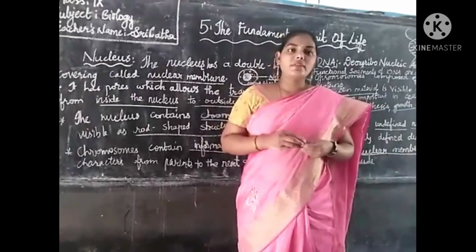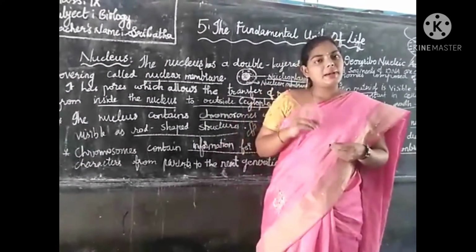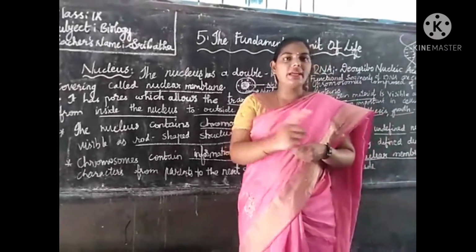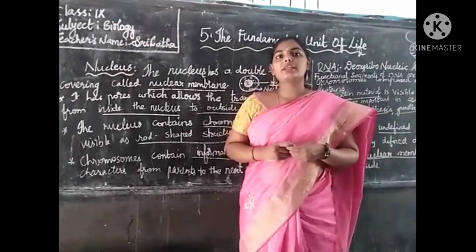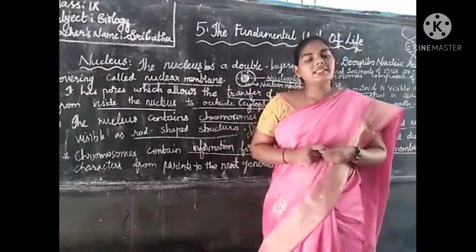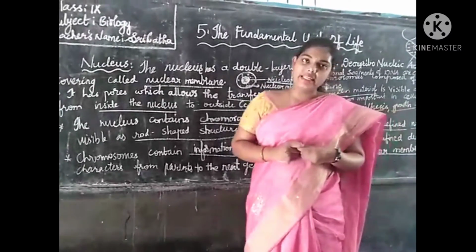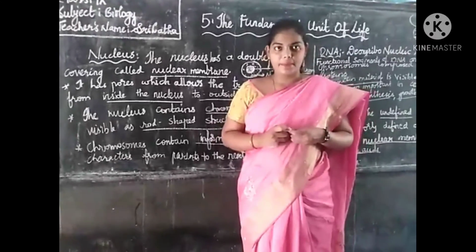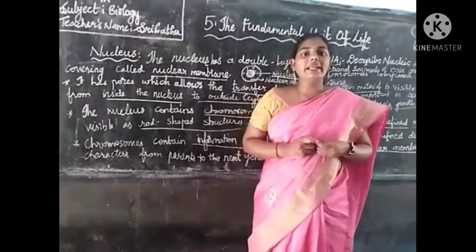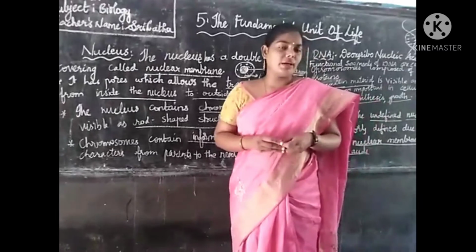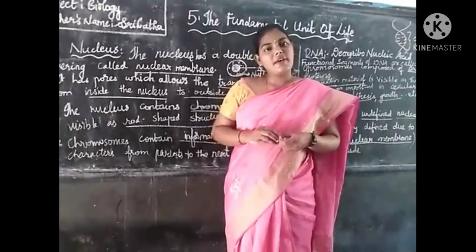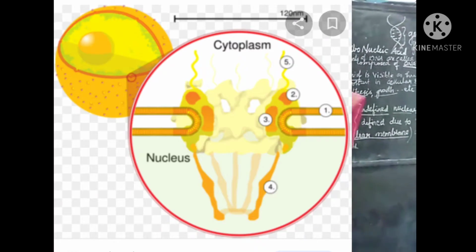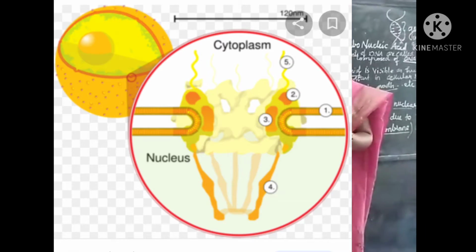If you observe the dense colored part, it has a double layered membrane surrounding it. It is called the nuclear membrane. Why is it termed the nuclear membrane? Since it surrounds the nucleus. This nuclear membrane has many openings on its surface, so it has a porous nature.